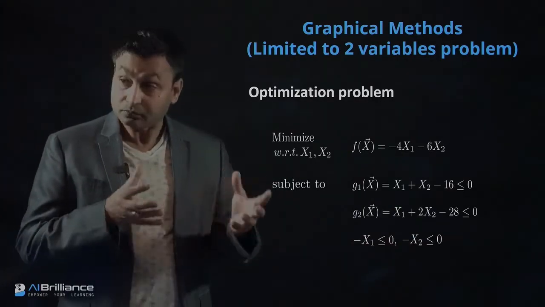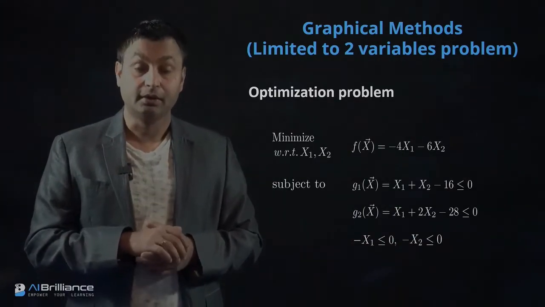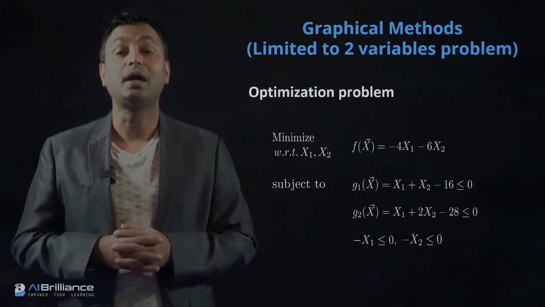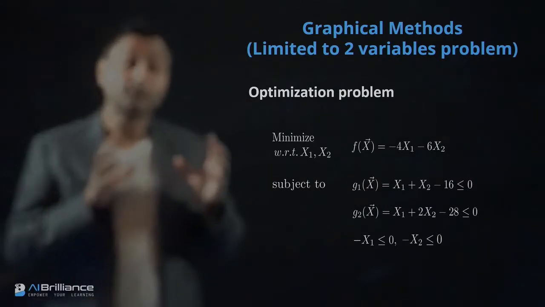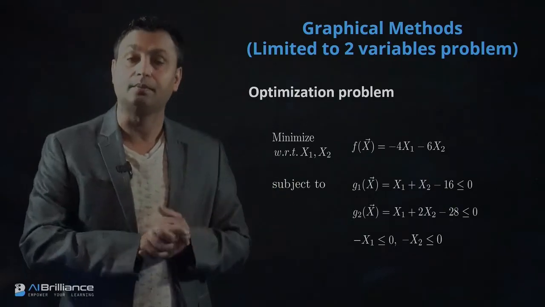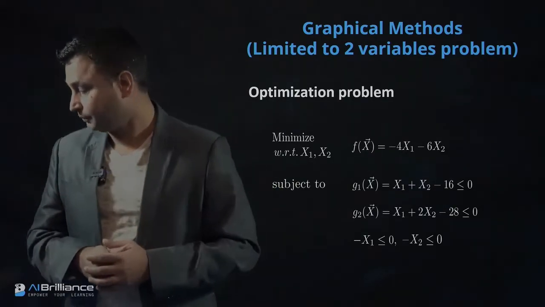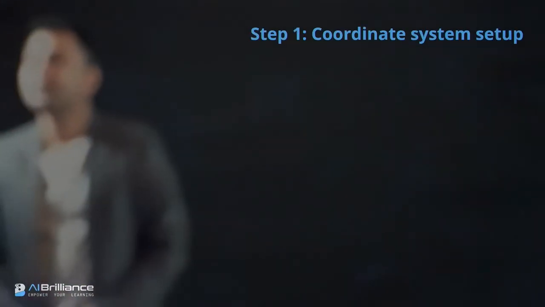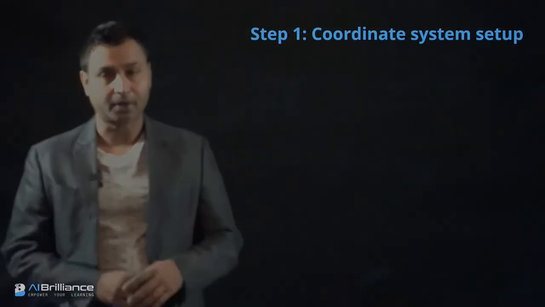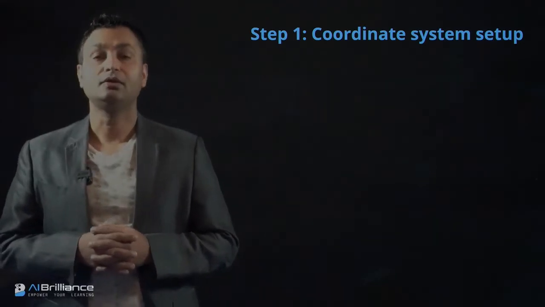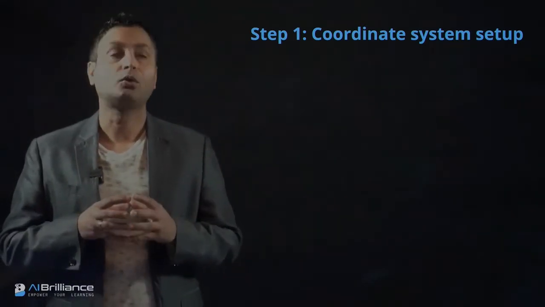Let's go through the different steps that are required to solve this class of problem, or at least this problem, in a stepwise fashion using a graphical approach. The first thing we need to do is set up a coordinate system.